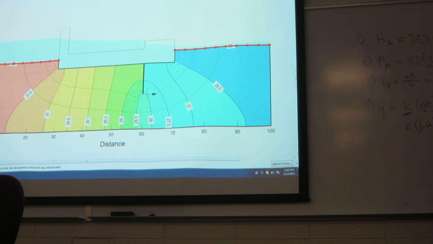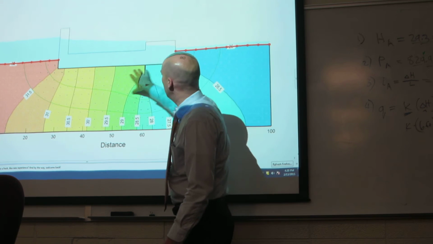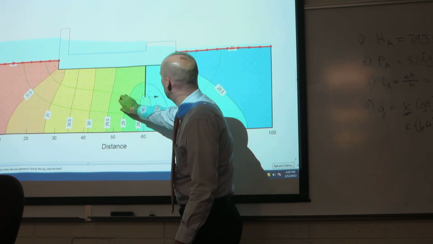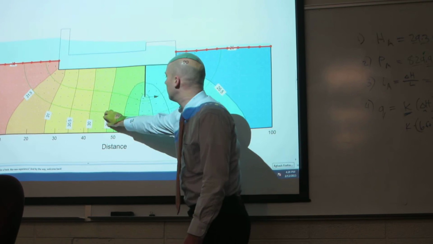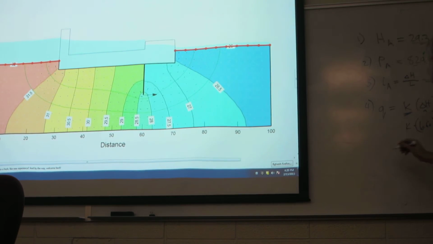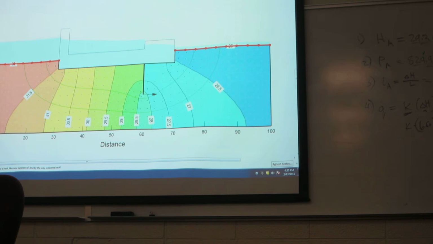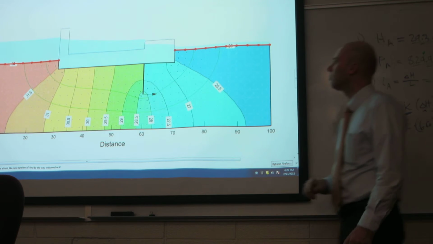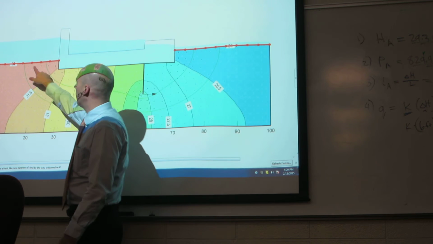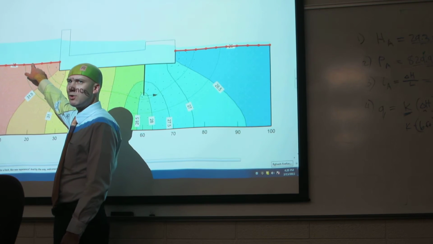How many flow channels do I have? 3. Yep. 1, 2, 3. 3 flow channels. And how many equipotential drops? 1. Starting here, because that's where the drop of water starts.